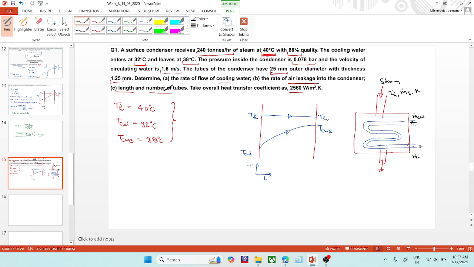This would be the same m dot CW, and it has the inlet temperature T CWI, and exit temperature T CW exit. Okay, so these are the things they have provided to us.